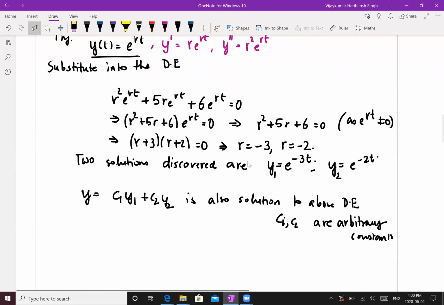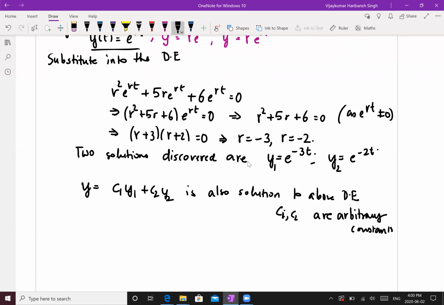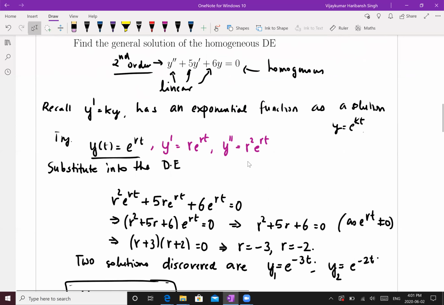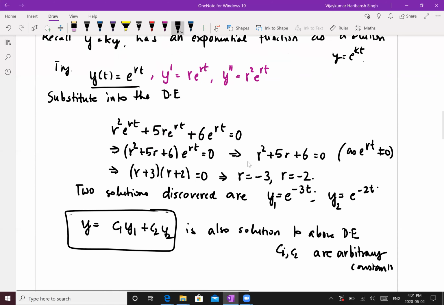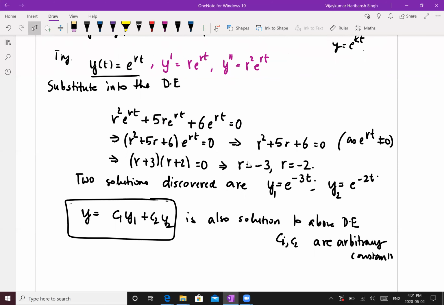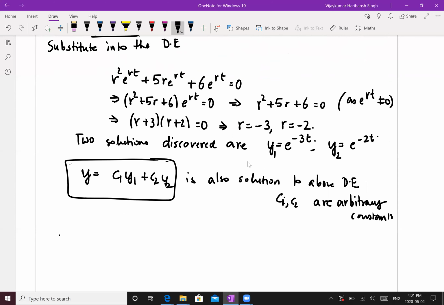So again, let's take this equation here and substitute it in the given differential equation. So we need y double prime plus 5y prime plus 6y. Now, what is y double prime of this?